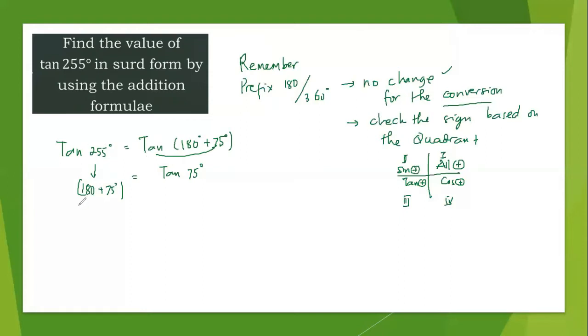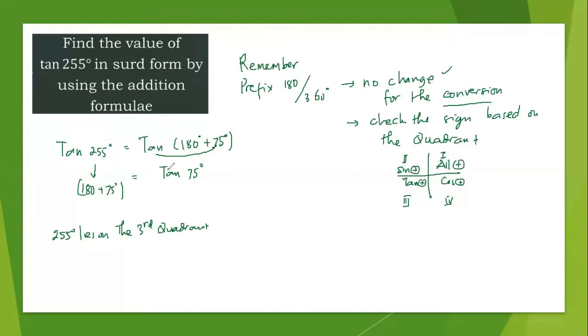So where is the quadrant of 255 degrees? 255 degrees lies on the third quadrant. Who belongs to the positive one?